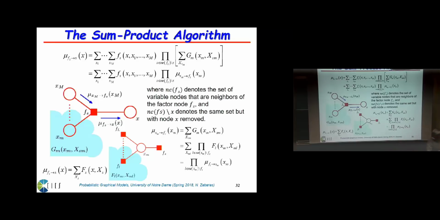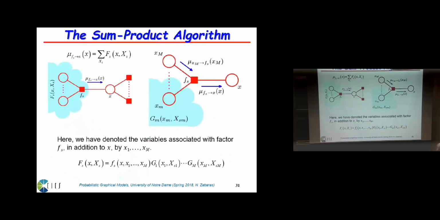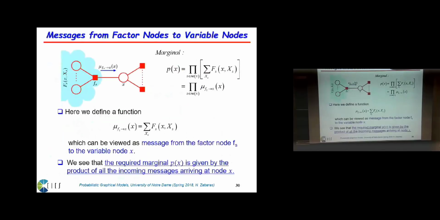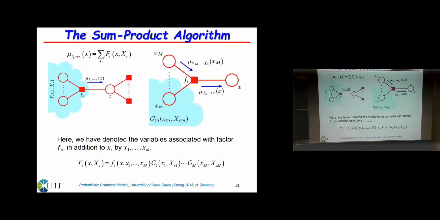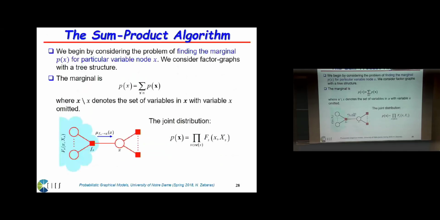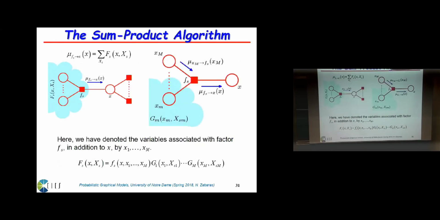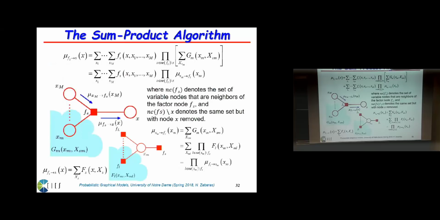So let me go back to the two equations. We basically discussed the way to propagate messages from a factor to a node, and then from a node to a factor.